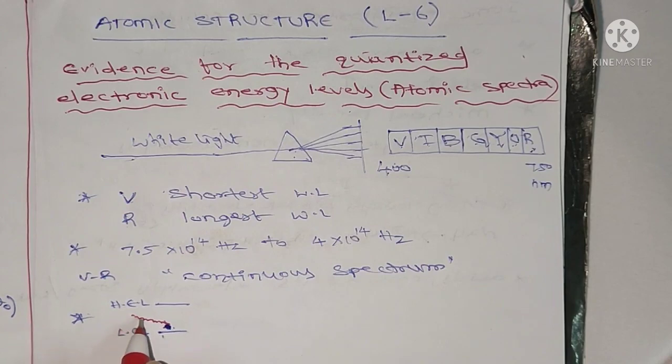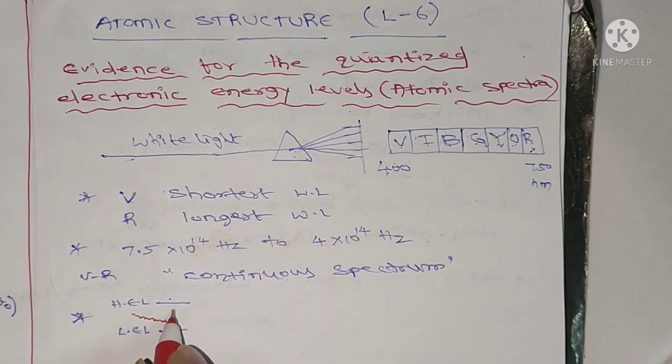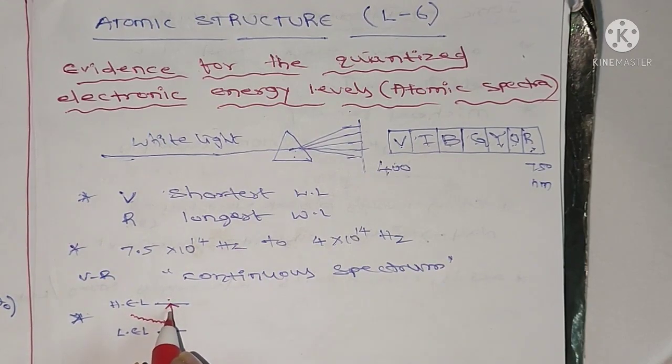When electromagnetic radiation interacts with atoms or molecules, the energy is absorbed and they are excited to a higher energy level.